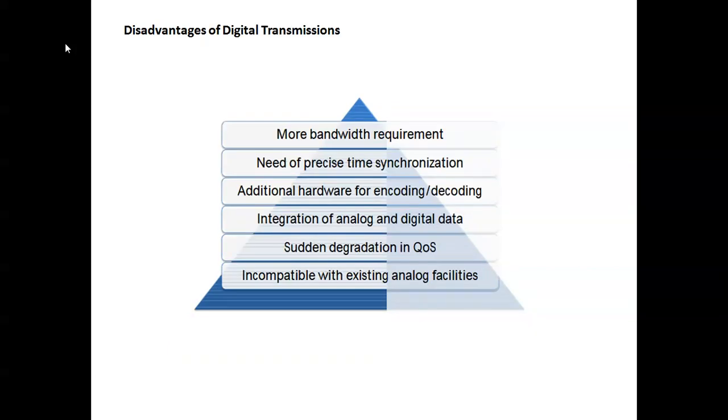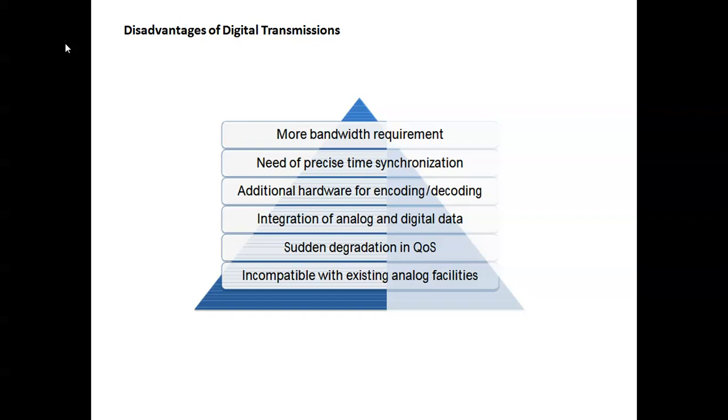With any technique, advantages also come with disadvantages. More bandwidth is needed for digital transmission, and it needs precise time synchronization, so the time period is very precise. We also need additional hardware for encoding and decoding.